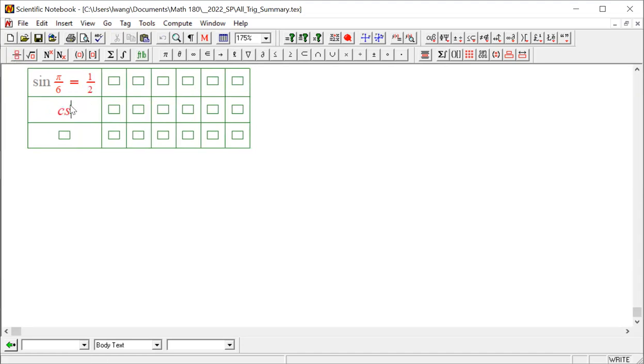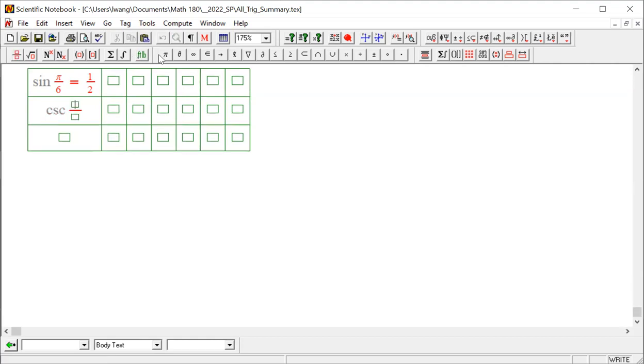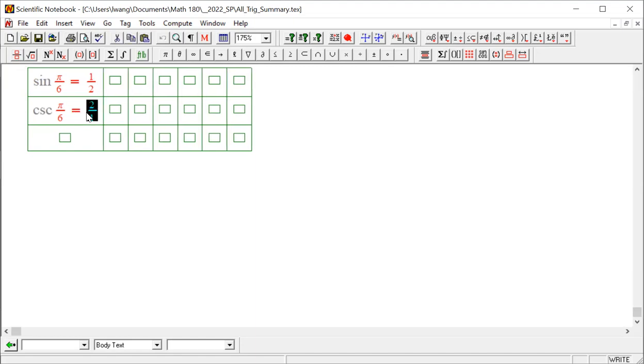And cosecant of pi over 6 is going to be the reciprocal of half, which is 2 over 1, which is 2.